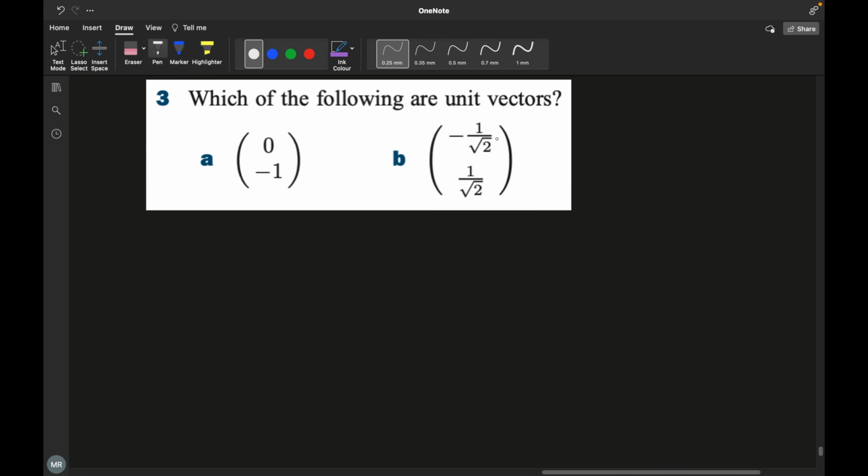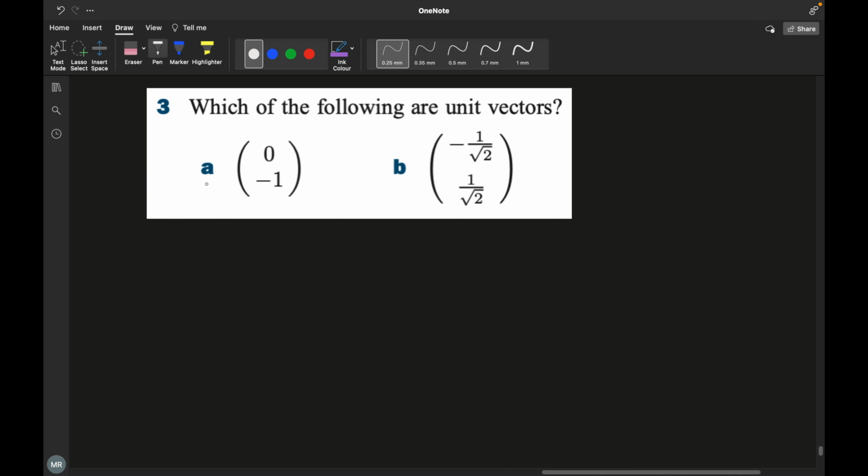Okay. Which of the following are unit vectors? Let's find this. Square root of 0 squared plus minus 1 squared. This is going to give us 1. Therefore, this is a unit vector.